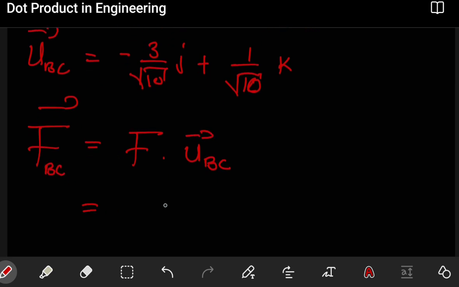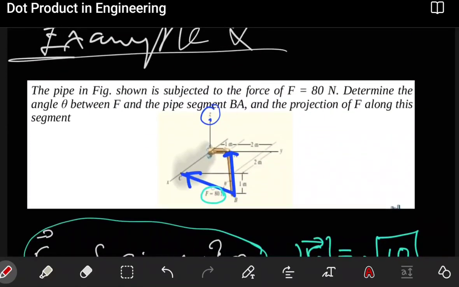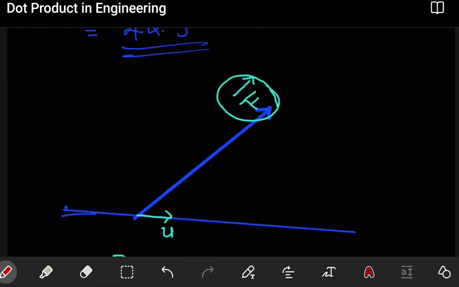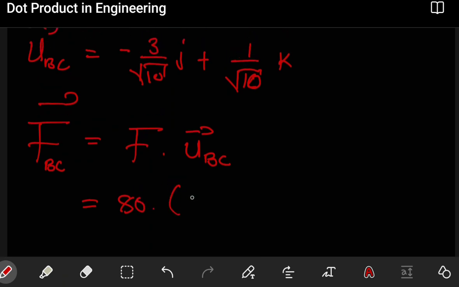If we go back to the question, the magnitude of the force is 80 Newton. So we have 80 multiplying our unit vector, which is minus 3 over root 10 in the J direction plus 1 over root 10 in the K direction.